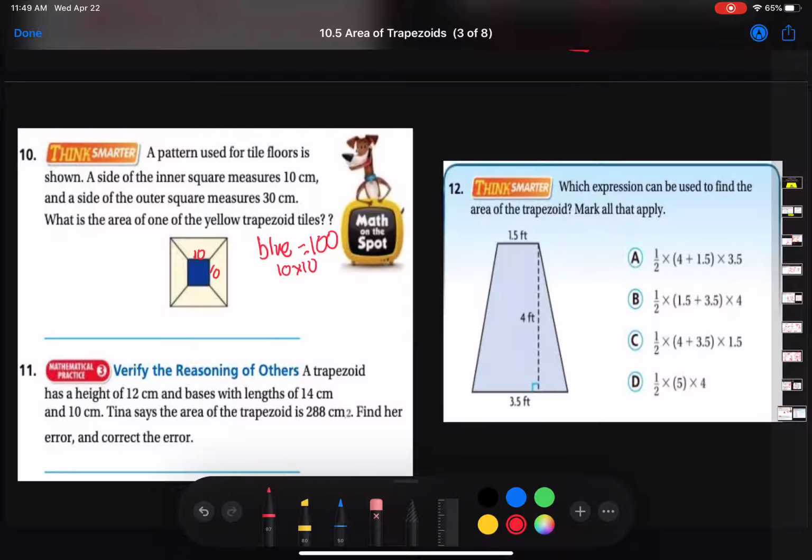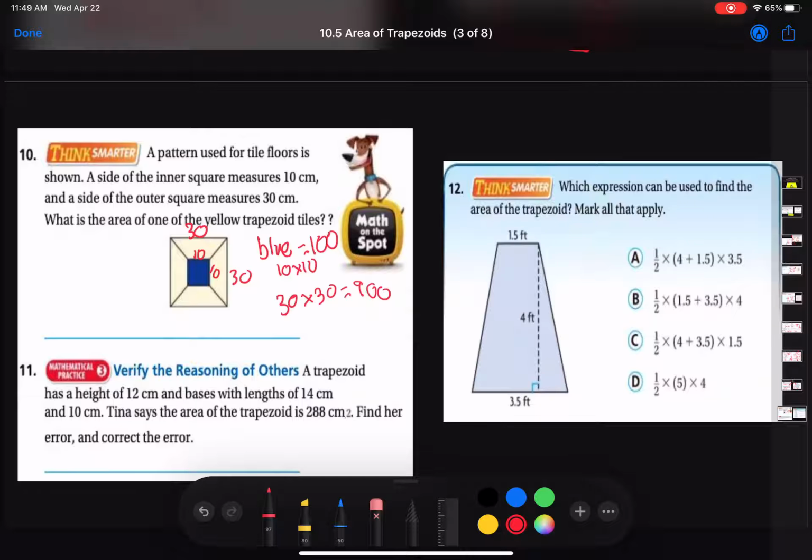Then the outer square is 30 by 30. So I need to find the area of the whole entire big square as a whole. So I'm going to do 30 times 30. Remember, 3 times 3 is 9, and then add 2 zeros on the end.